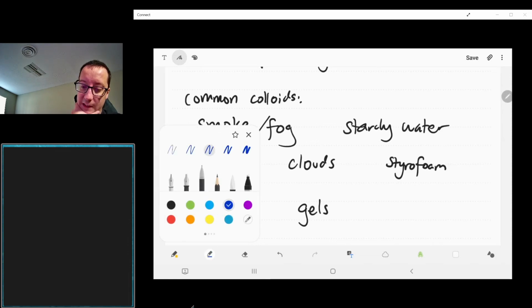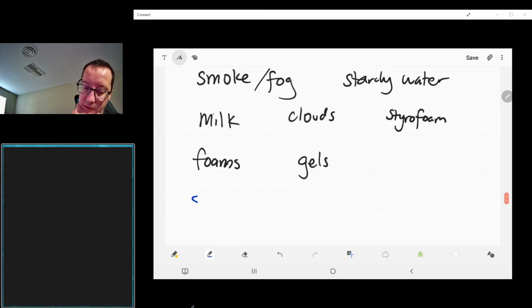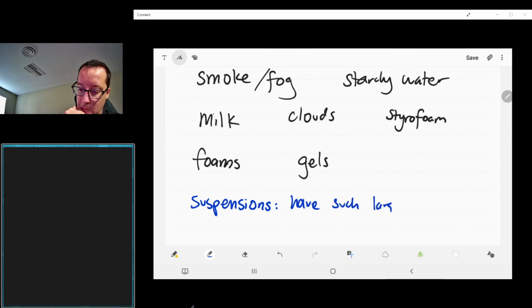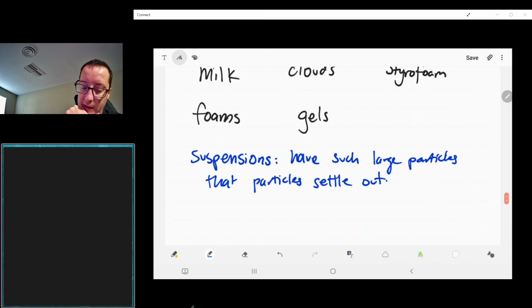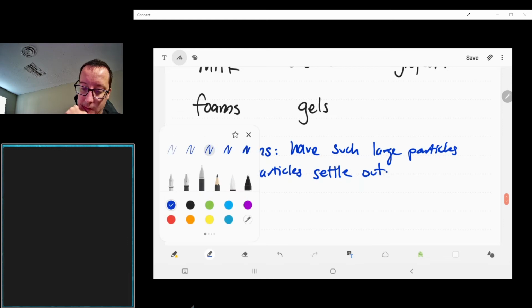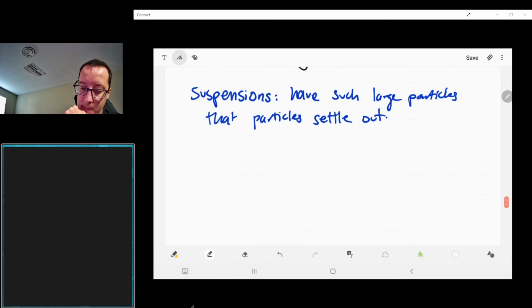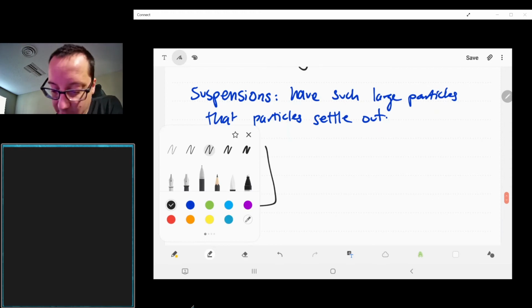Another class of these is called suspensions. They have such large particles that the particles will eventually settle out. So if you take, do I have a brown color here? Yes.